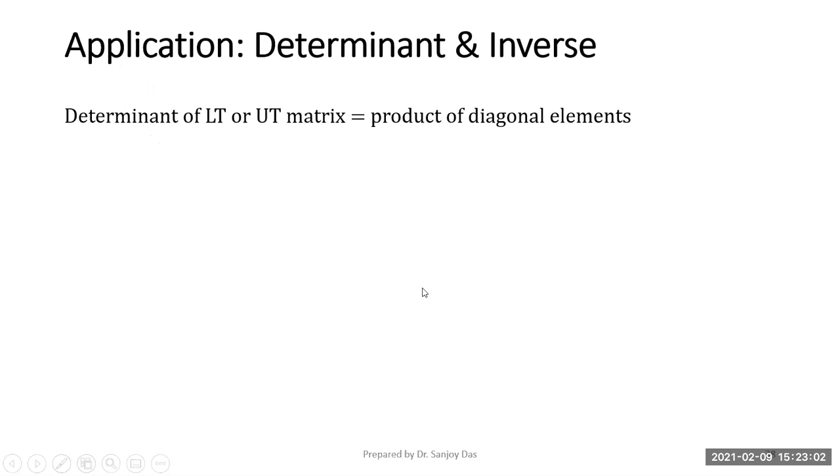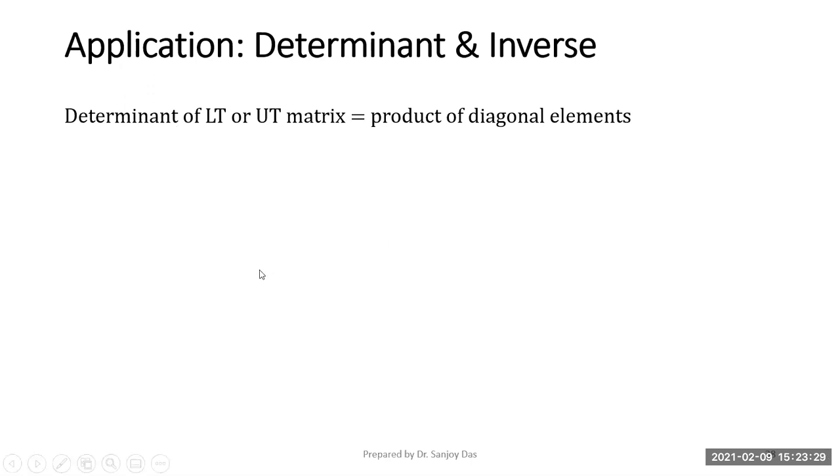Now, how do we obtain the determinant or the inverse of a matrix A? Let's see. The determinant of a lower triangular or an upper triangular matrix is the product of its diagonal elements. Remember that from the previous lecture?